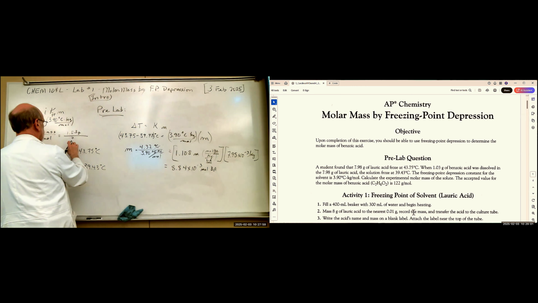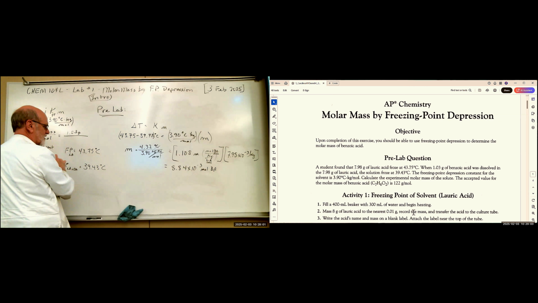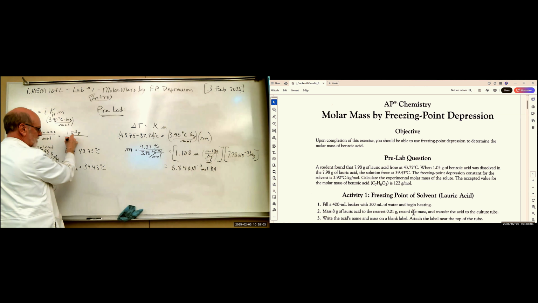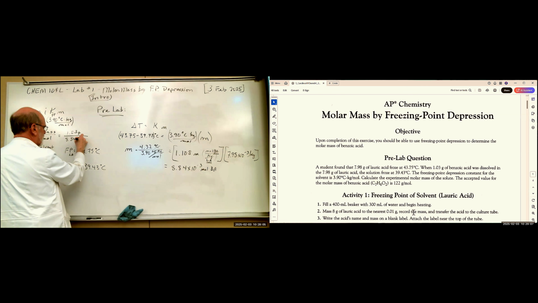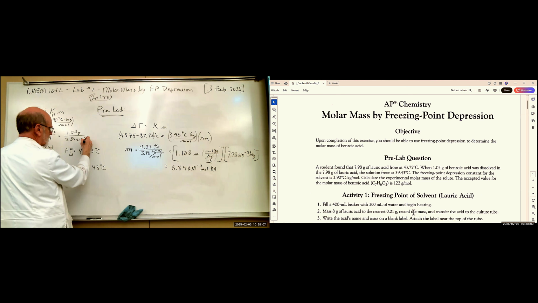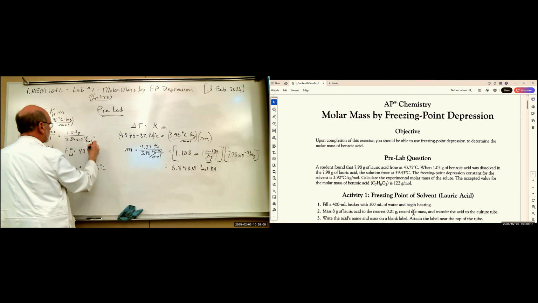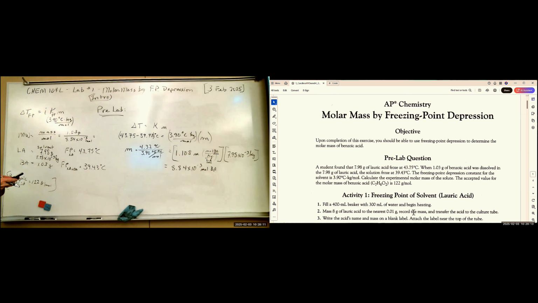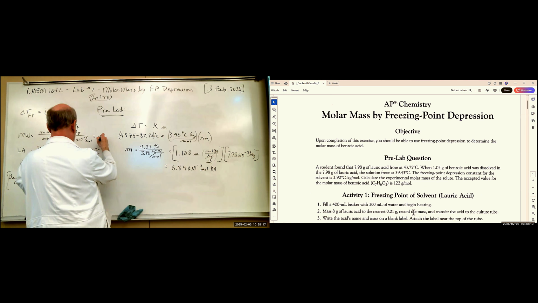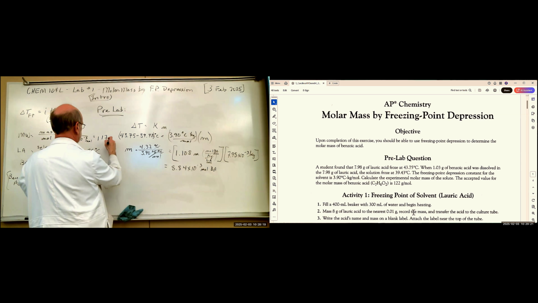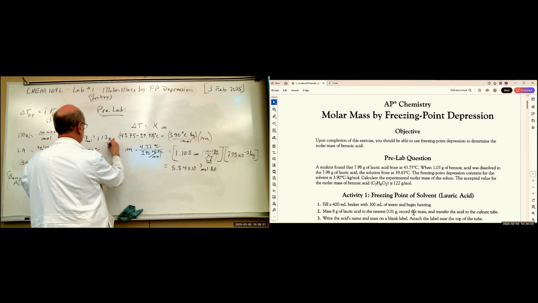So we're back over here, and now we can put in that value: 8.84 times 10 to the minus 3 moles, grams per mole. 1.03 divided by that number is 117 grams per mole.